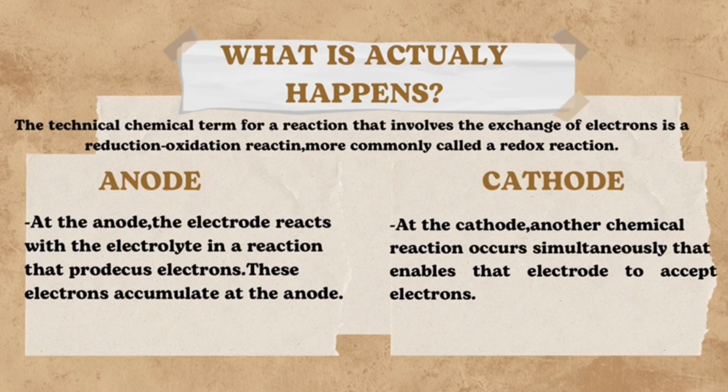Firstly, the anode. At the anode, the electrode reacts with the electrolyte in a reaction that produces electrons. These electrons accumulate at the anode. Second is the cathode. At the cathode, another chemical reaction occurs simultaneously that enables that electrode to accept electrons.